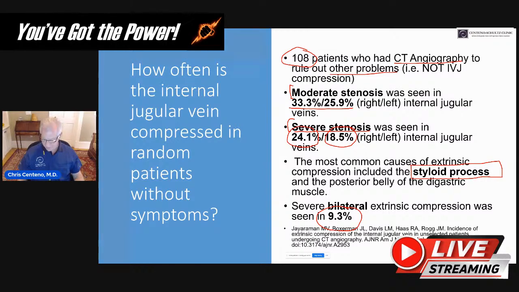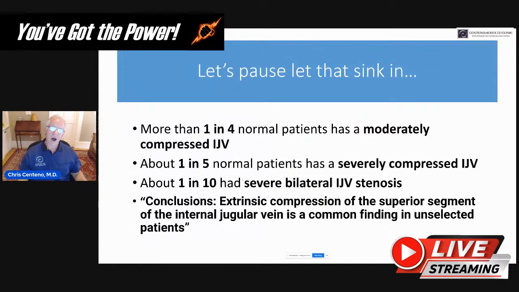So this is a pretty critical thing to understand. Let's pause and let that sink in. More than 1 in 4 normal patients has a moderately compressed IJV. They do not have intracranial hypertension or the symptoms associated with it.